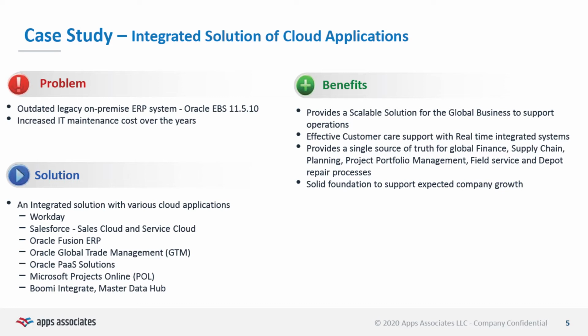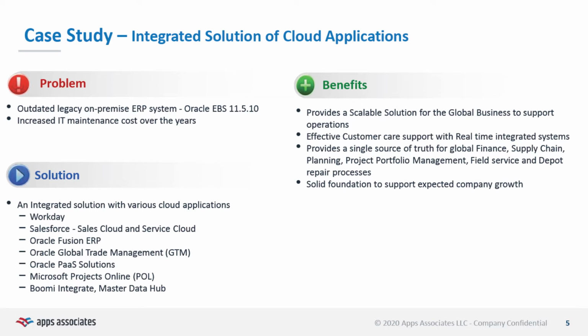The systems were Workday, Salesforce, Sales Cloud, and Service Cloud to be specific, Oracle Fusion ERP, comprising of financials, procure-to-pay, supply chain, quality cloud, and a few others, Oracle Global Trade Management, or GTM for short, Oracle PaaS Solution, and Microsoft Projects Online.